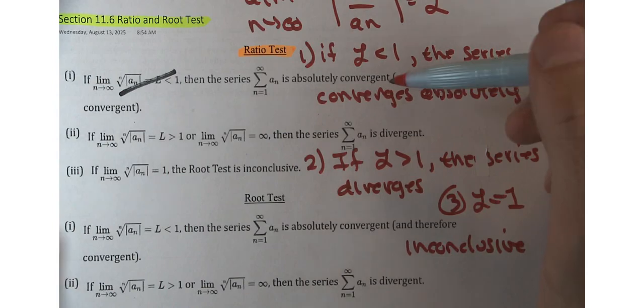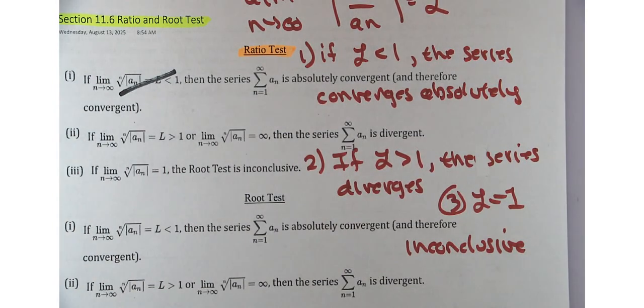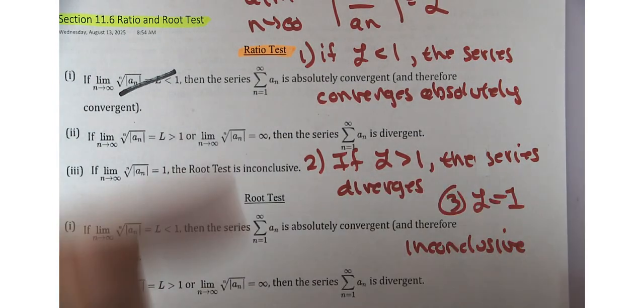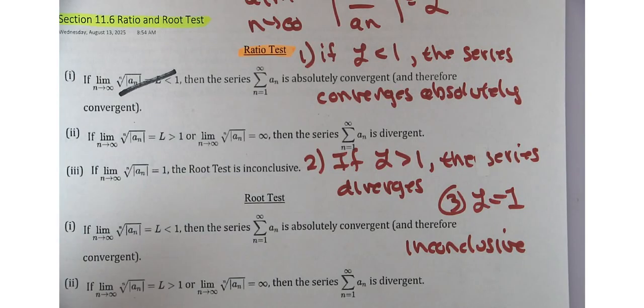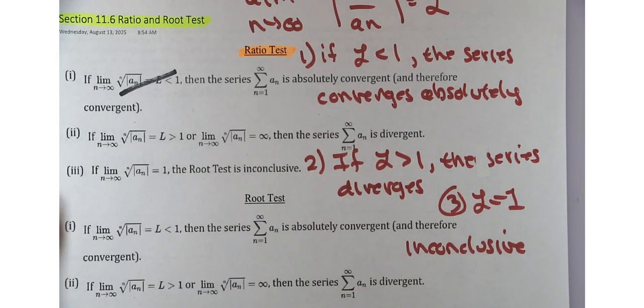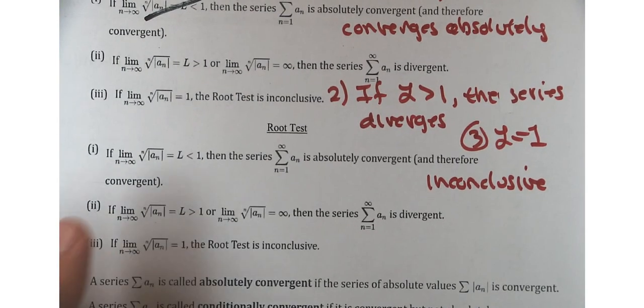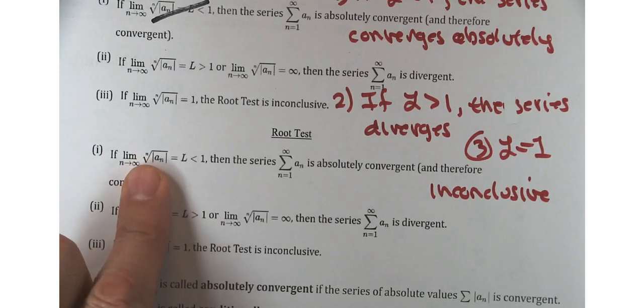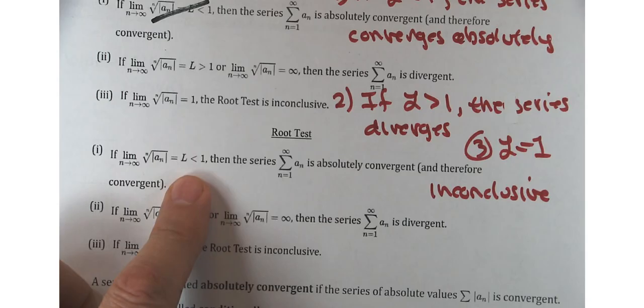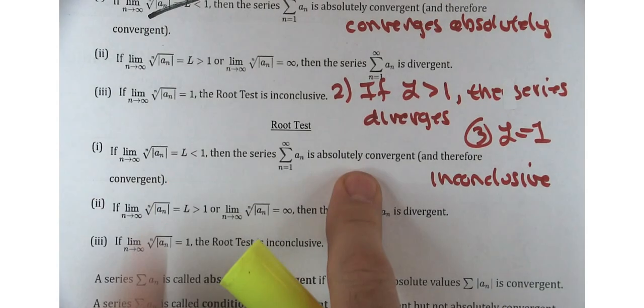Now you can do a similar thing with the root test. So this is the ratio test that I had to kind of ad lib here because I actually copied the root test twice. For the root test, you're going to look at the nth root of these terms. If the limit of the nth root of these terms is less than 1, the series is absolutely convergent.